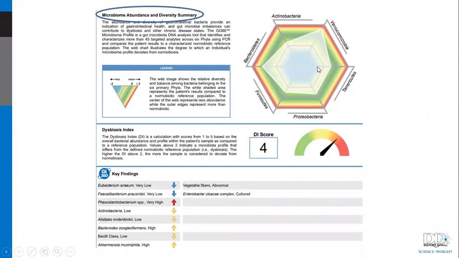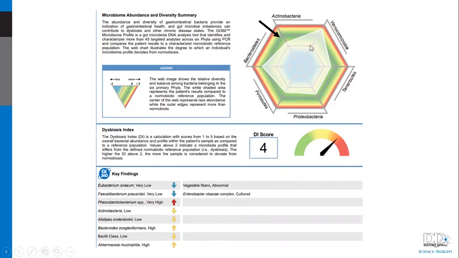The patient's profile is indicated by this white web on the inside here. So as the patient's profile deviates more, it will pull away from this ideal, what I call the sweet spot, which would be this green zone, which would be 0 deviations from normal biosis.